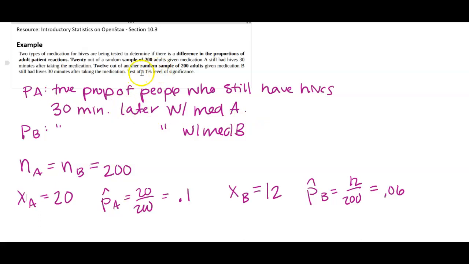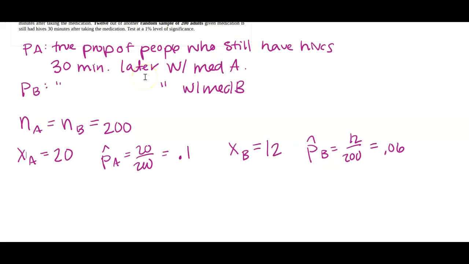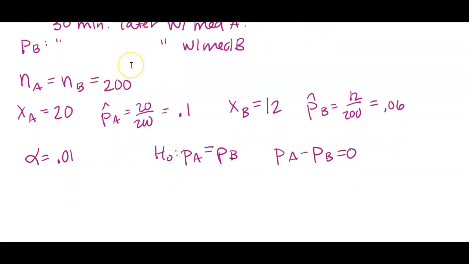All right, so I want to test this at a 1% significance level. So alpha in this case is going to be 0.01, and I just want to know if there's a difference between them. So our null hypothesis is that they are equal, or that pA minus pB equals 0. And our alternative hypothesis is that they are not equal, or pA minus pB is not 0.